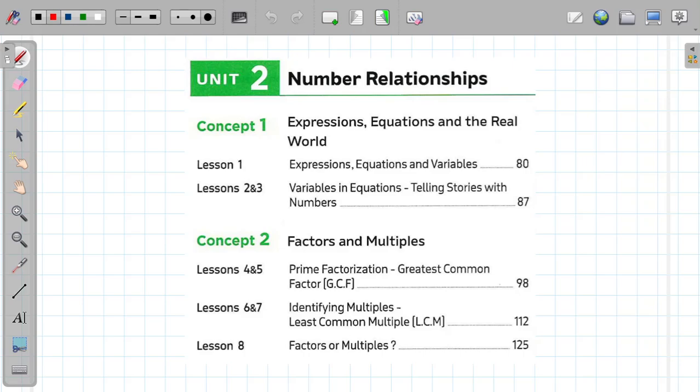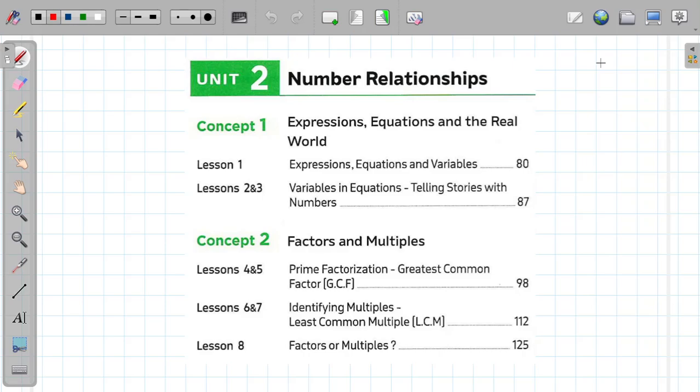Ahmed Magdy, your math teacher, and today we have a new video in which we explain the first lesson of the second unit of the fifth grade curriculum, a unit consisting of 7 lessons. The first one is about expressions, equations, and variables, and the second and third are about the variables inside the equations and telling stories with numbers.